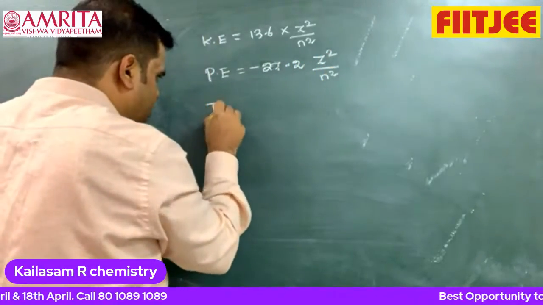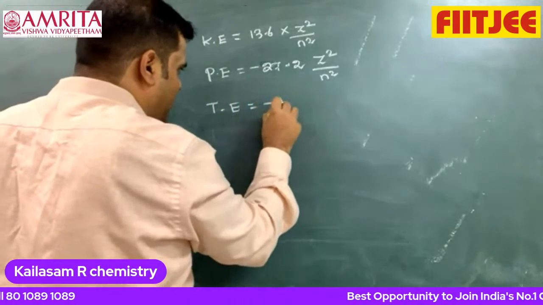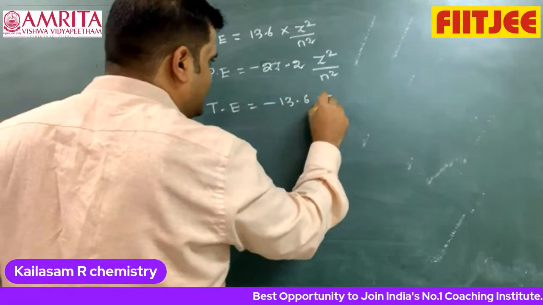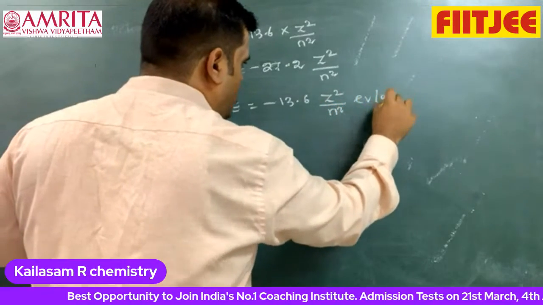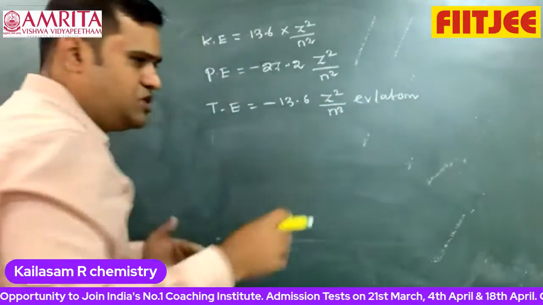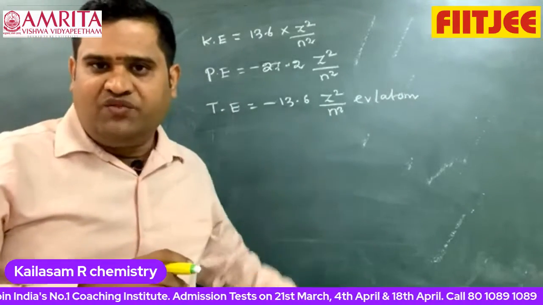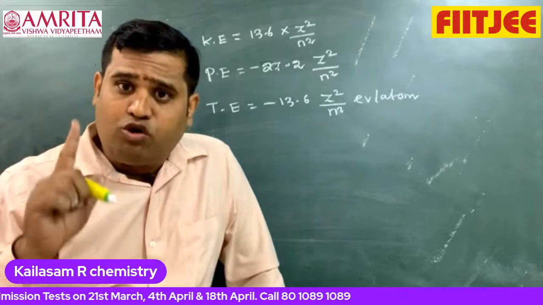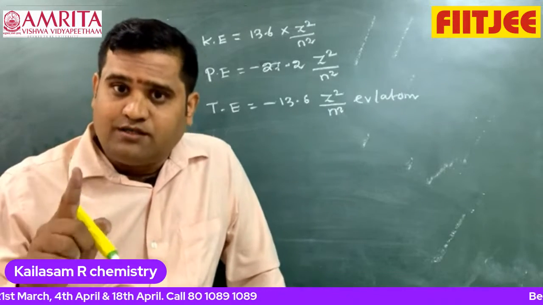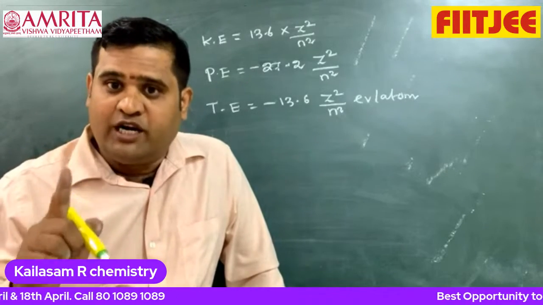Now what is total energy? It is equal to minus 13.6 Z squared by N squared, in terms of electron volt per atom. Now what is my question? Sir, why is the total energy of the electron negative? It means that the more negative the value, the closer the electron is to the nucleus. That means more attractive force.